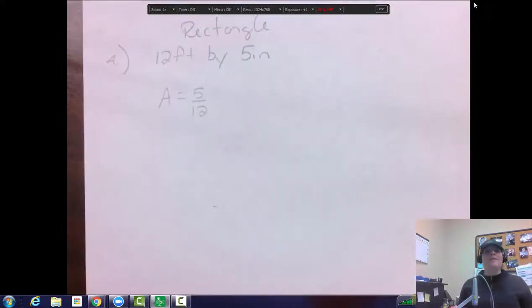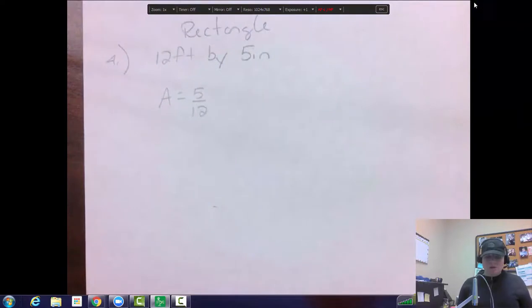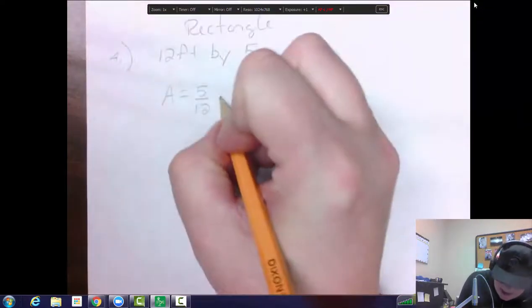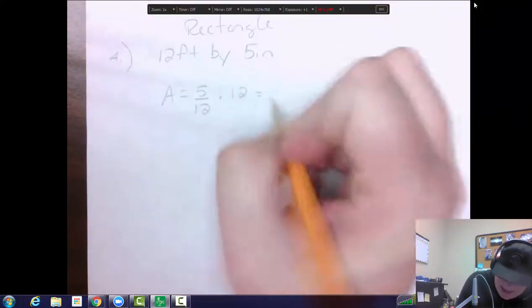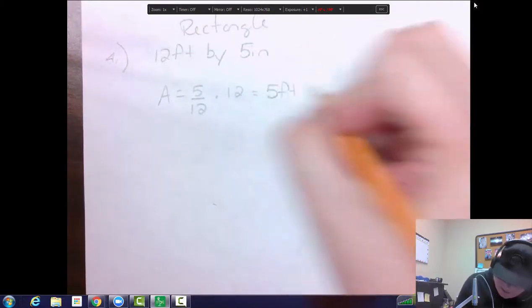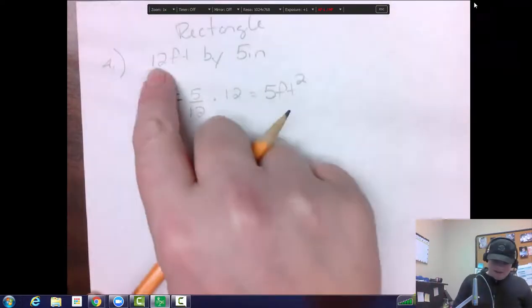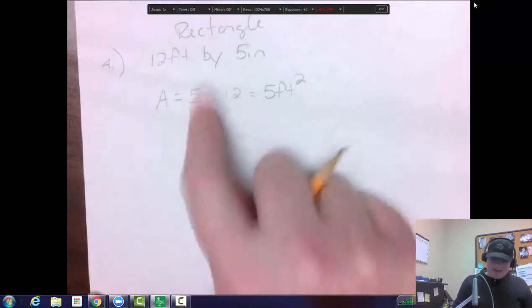That's the part of the ruler that it is, 5 out of 12 total on your ruler. So we're going to multiply that by 12 feet to get an answer of 5 feet squared, or 5 square feet. You're still multiplying by the 12 because that's in feet, and then you make this one 5/12.